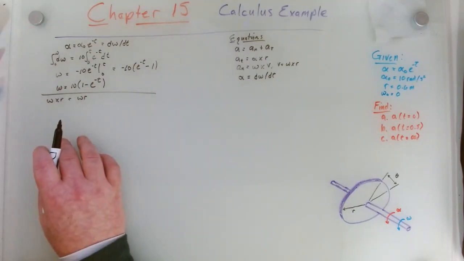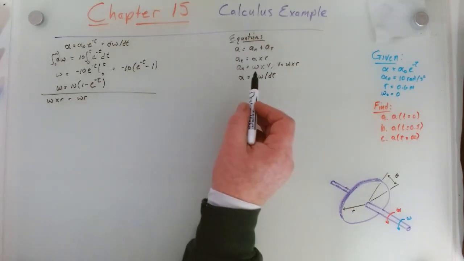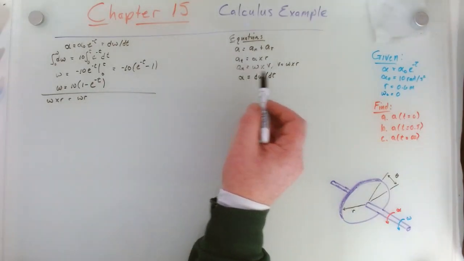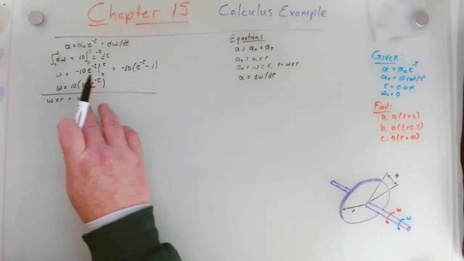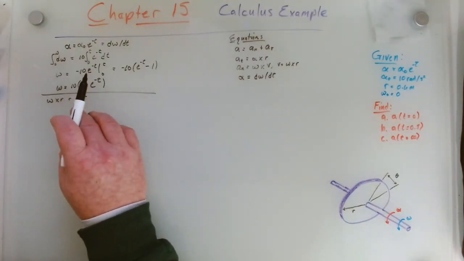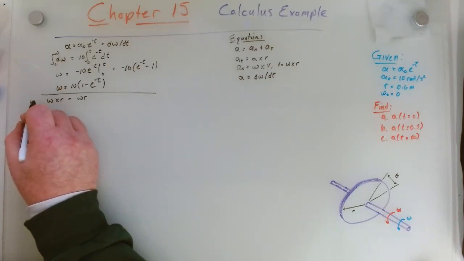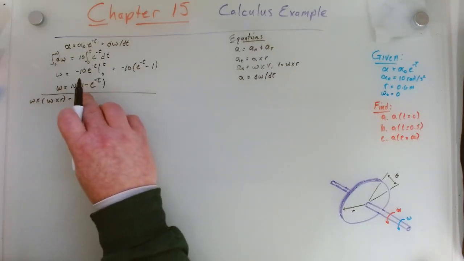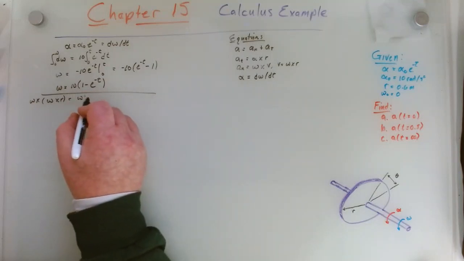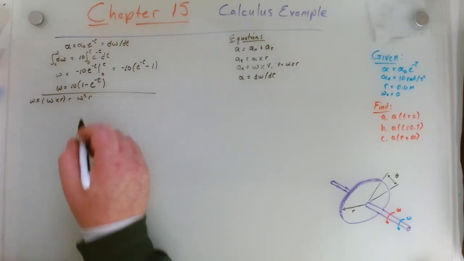Hold on. No, we're going to need to square it, right? So a sub n is omega squared r. So let's do this. Say omega cross this is actually just omega squared r. And what is that?